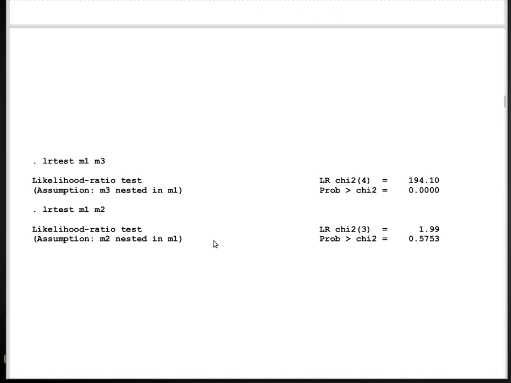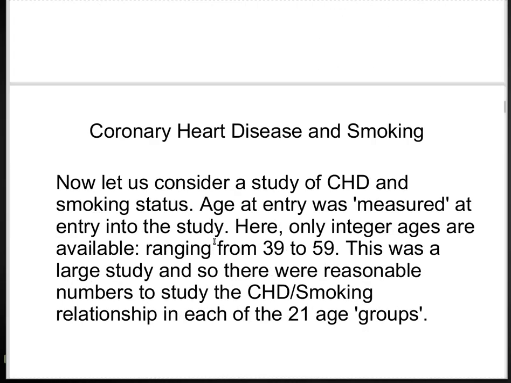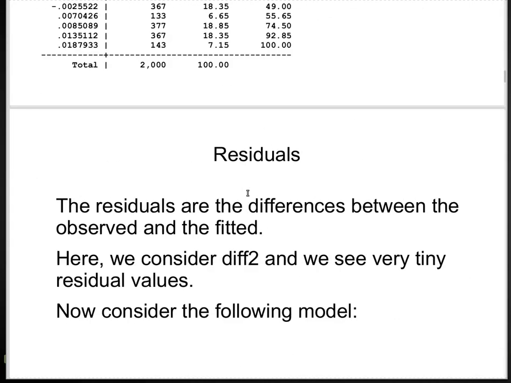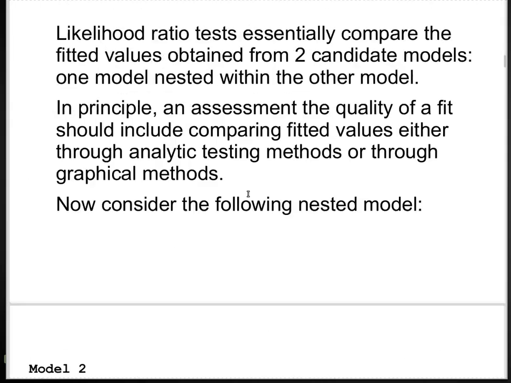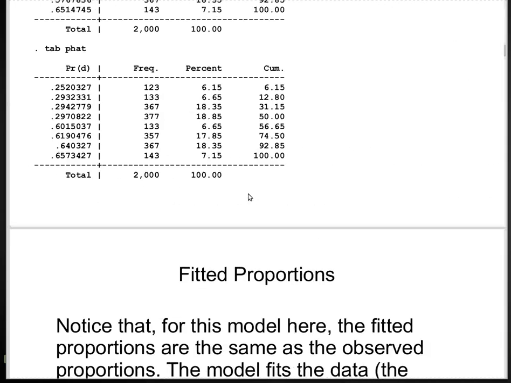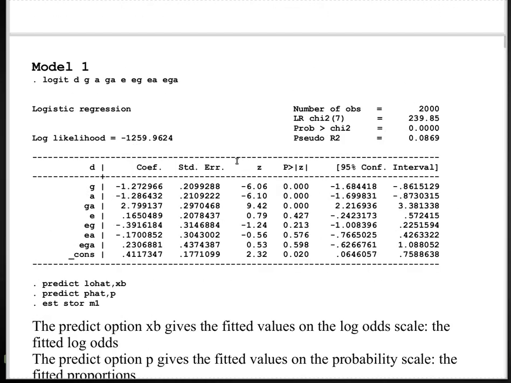Okay, before we go to another example, this one that I'm going to come to next, a study of heart disease and smoking, I'd like to go back and just take a few minutes with the models here. So what did we see here? The model with all 8 terms gave us this, right?